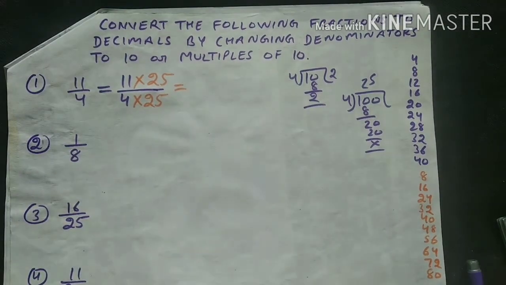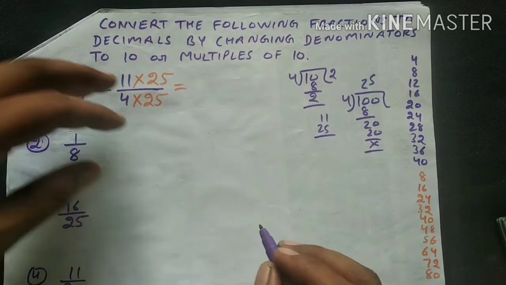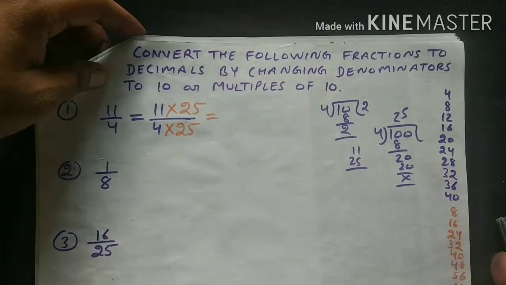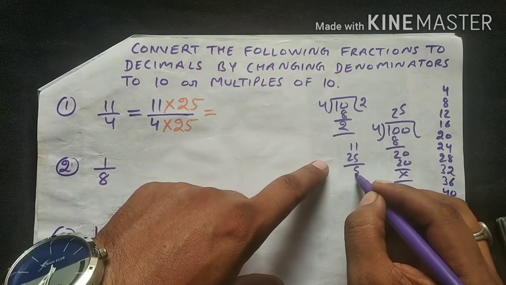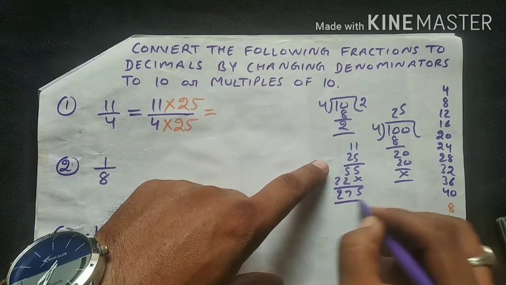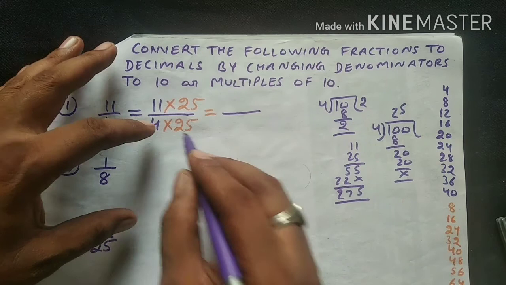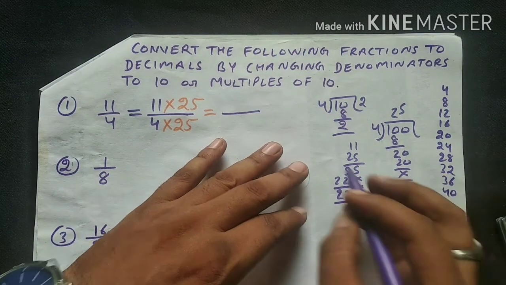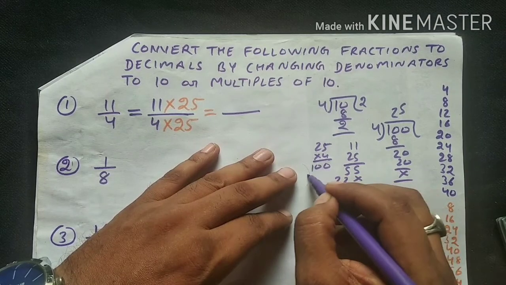Okay, now you see 11 multiplied by 25. Now student, I will also explore a shortcut for you. This is 275 and 25 multiplied by 4, you see, is 100.